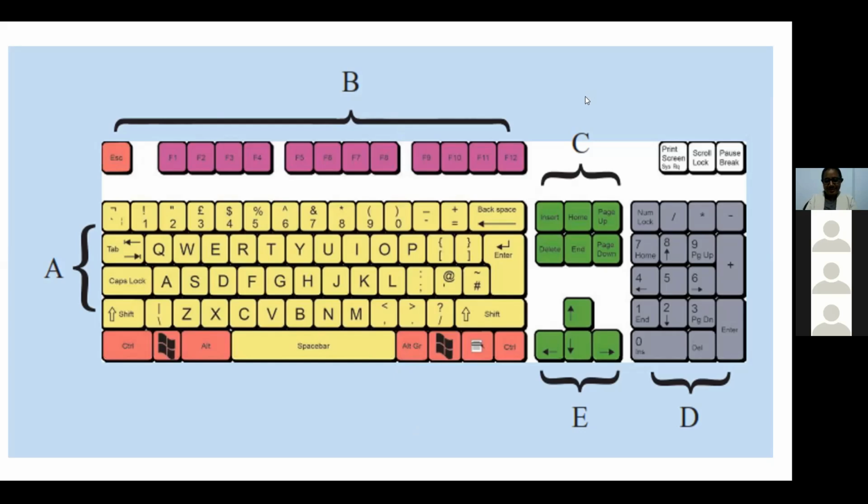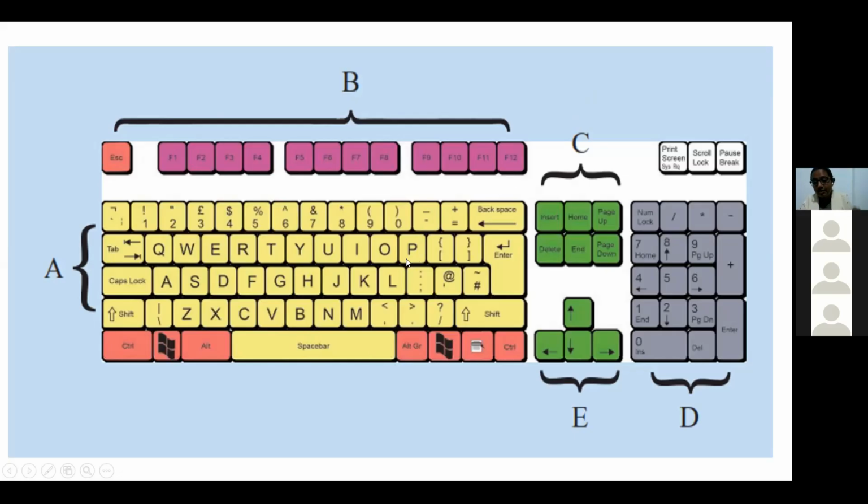12. Yes, there are 12 function keys. They are named as F1, F2, F3, F4, F5, F6, F7, F8, F9, F10, F11, F12, right? In all keyboards, there are 12 function keys.